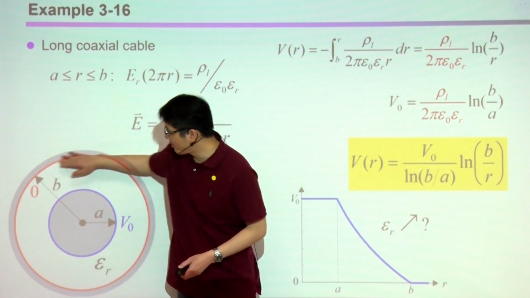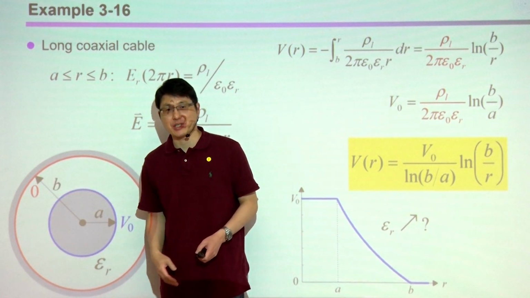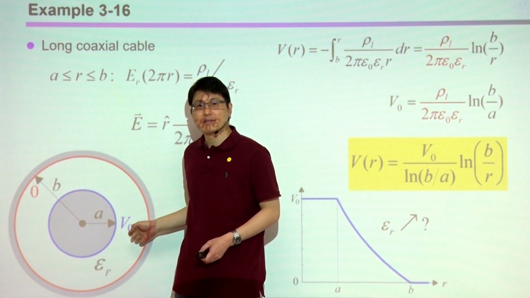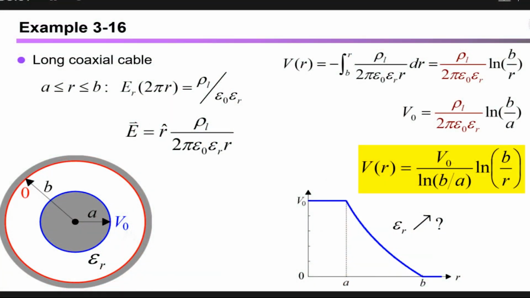If you have the entire thing as one piece of metal, they have the same potential. So this V0 needs to be 0. Okay? So again, I'm trying to say that metals are materials which are capable of giving you the most ideal amount of induced electric dipoles.